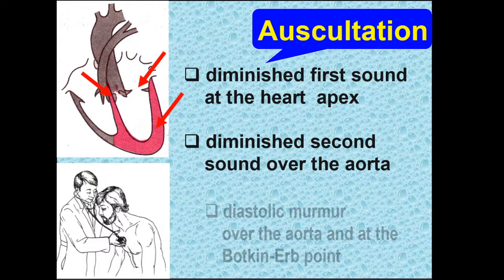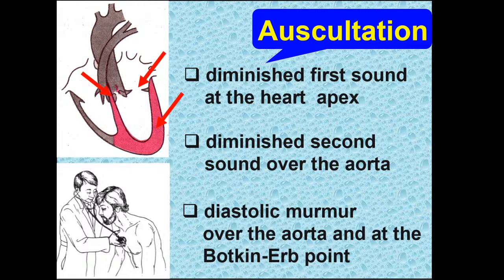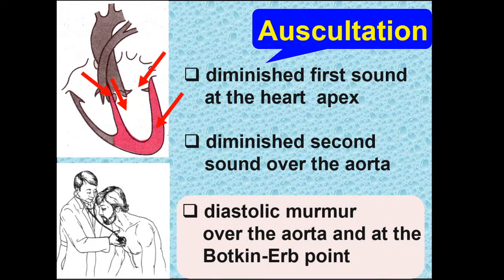And the main sign of aortic regurgitation is a diastolic murmur over the aorta, which may be auscultated over the Botkin-Erb point also, along the comeback blood flow. And again, I'll remind you: the main sign of aortic regurgitation is a diastolic murmur over the aorta with irradiation to the Botkin-Erb point.